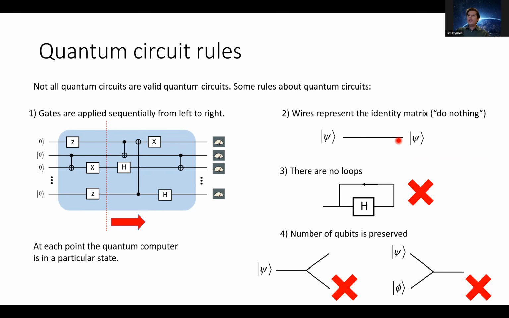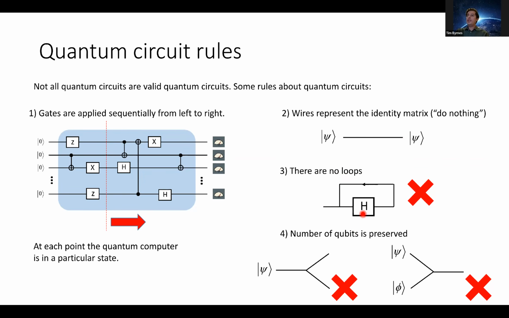Some other rules: there are no loops like this, because this doesn't make sense in the quantum circuit sense. I wouldn't even know what this means in a quantum mechanical language.